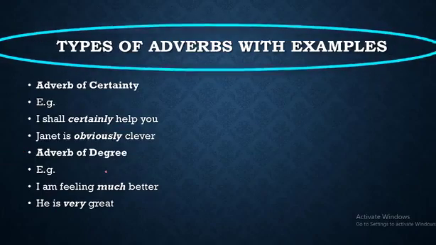So let's move on to what we call adverbs of certainty. Such adverbs show a degree of a quality that you're sure of. For instance, you can say, I shall certainly help you. Certainly there is the adverb.